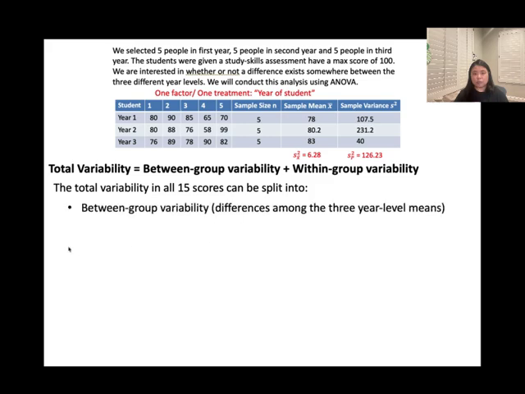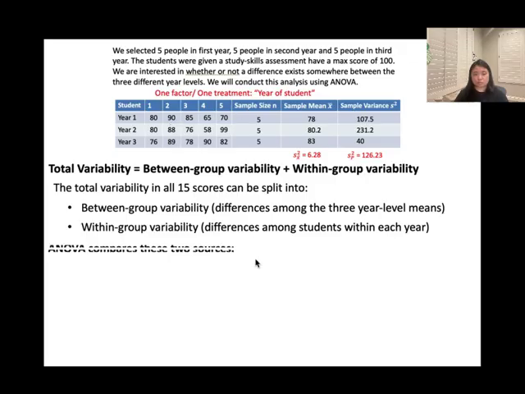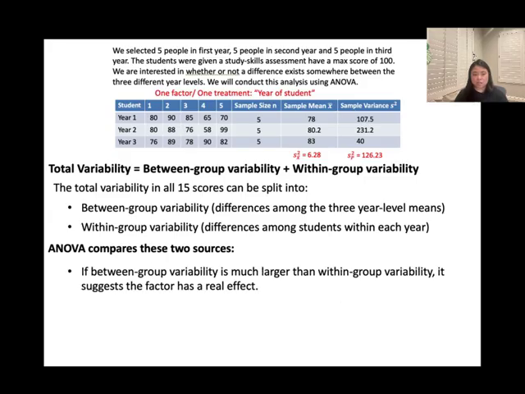It can be split into between group. Okay, the difference among the 3 year level means. And the within group. Within group is talking about the difference among the students within each year. So ANOVA will compare these two sources.